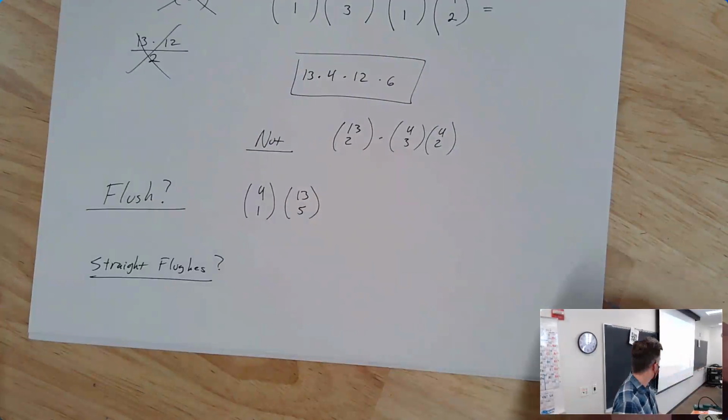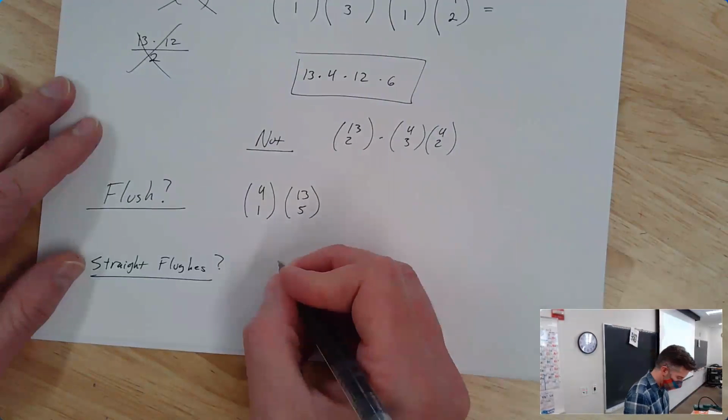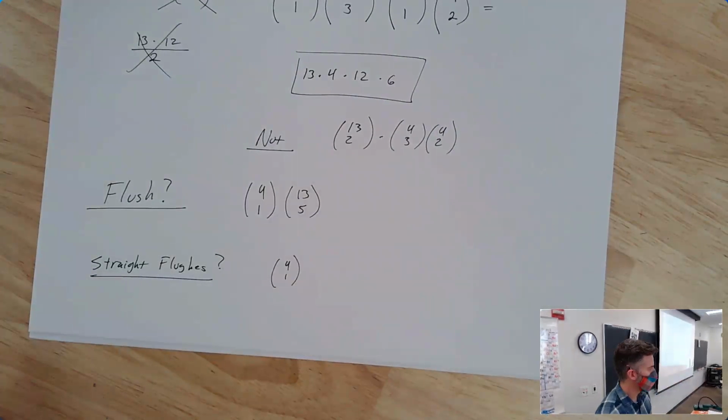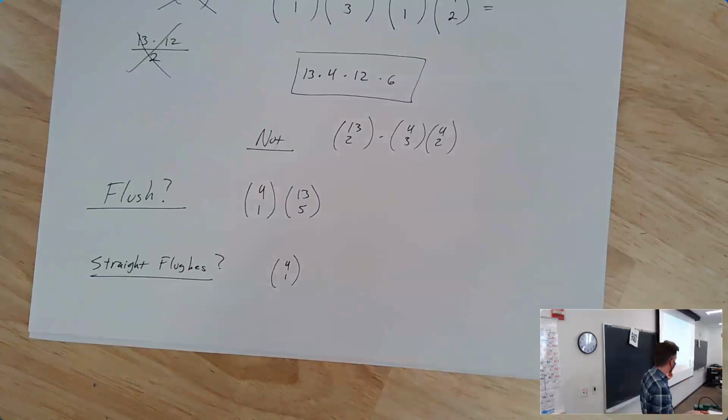Well, we're still going to pick a suit. But now here's the thing for a straight flush. You have to pick a starting card for the straight. So what's the lowest starting card you can pick? Where's the lowest the straight can be? Ooh, interesting. This is a good question. So a straight can start in an ace. Right? You can have ace, 2, 3, 4, 5. What's the highest, lowest card a straight can start at?